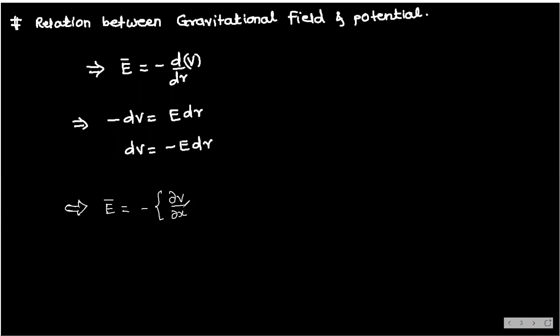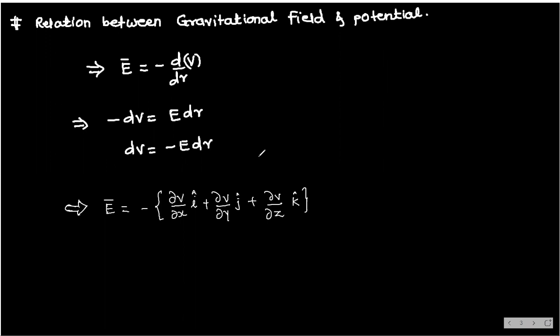First we will take differentiation with respect to x, I cap, plus dou V by dou y j cap plus dou V by dou z into k cap. This is also one formula for gravitational field intensity. Okay? Now see, I take an example.